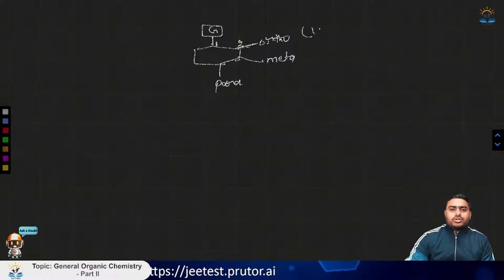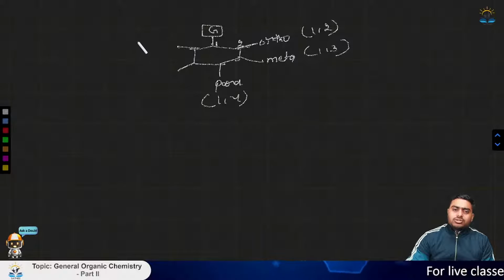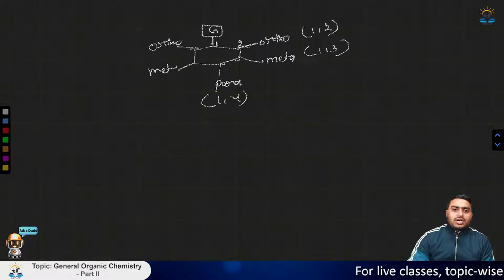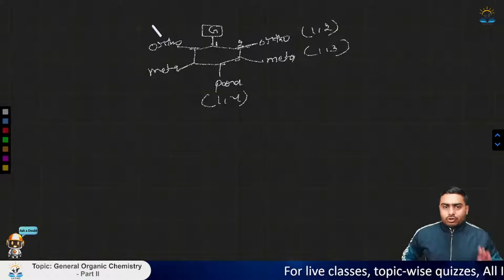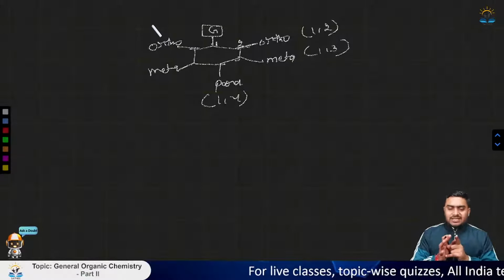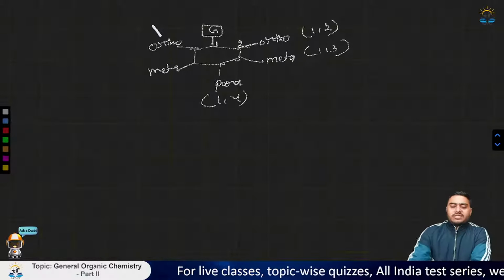So the 1,2 position is ortho, the 1,3 position is meta, and the 1,4 position is para. Then again this comes 1, 2 and 3, so again this is ortho, this is meta and this is para. So with a single group present on the benzene ring, there are 2 ortho positions, 2 meta positions and 1 para position.